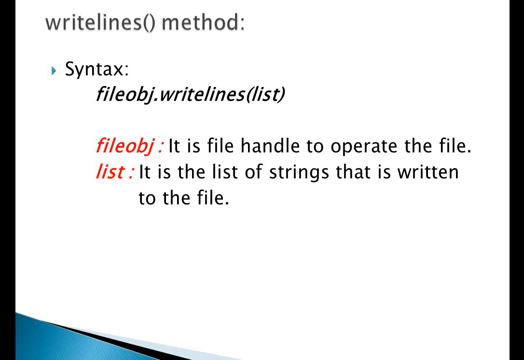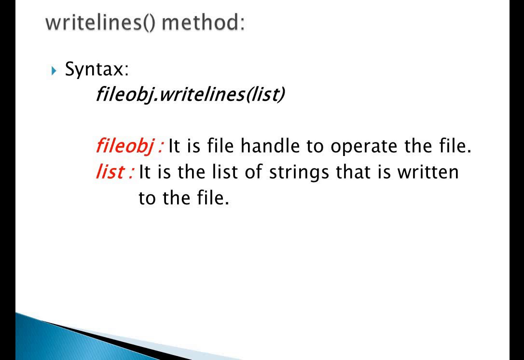Again, the difference between write and writelines. The write method writes one string object at a time to the file, while writelines writes multiple string objects. These string objects are members of a list object. We will see this using one example.